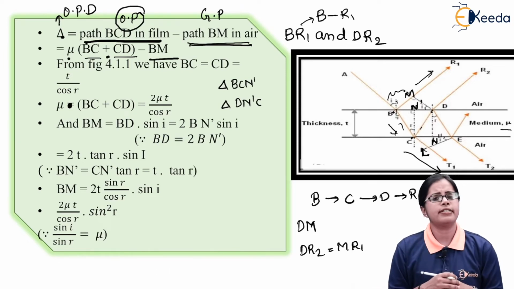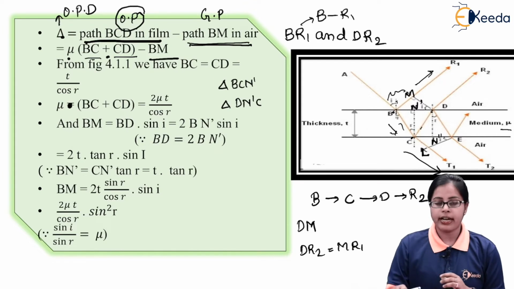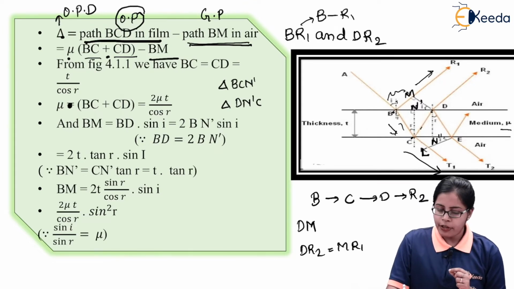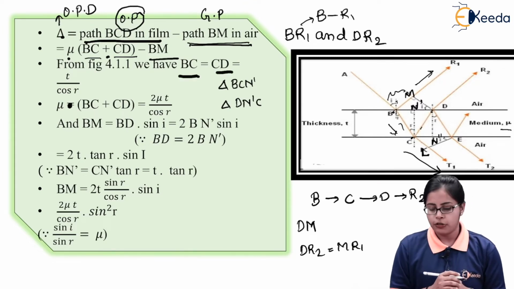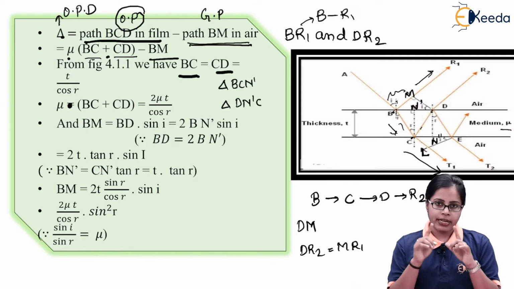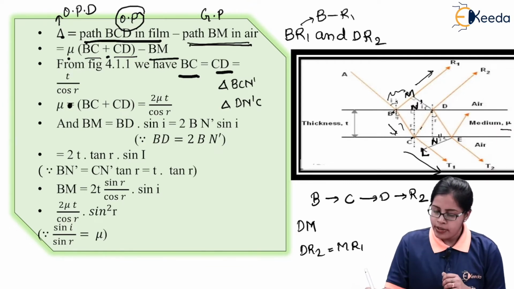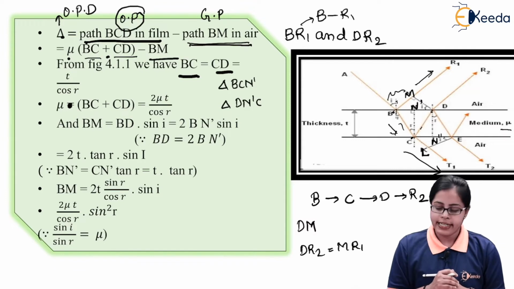Now, why have I considered these two triangles? So that I can calculate the BC value and the CD value.